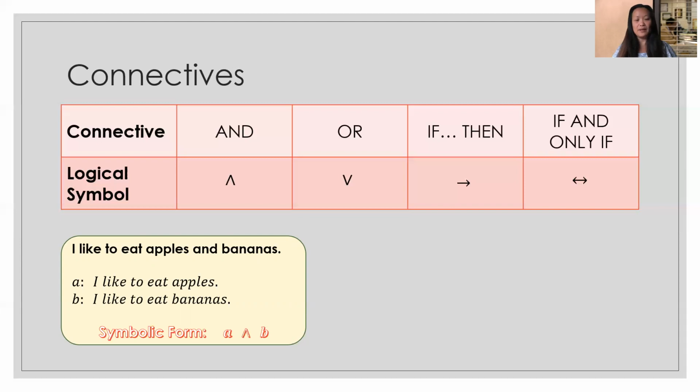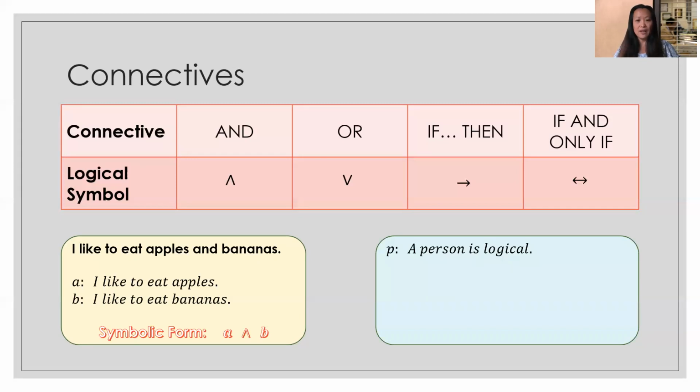A and B. Okay. In this example, let's say the simple statement P is, a person is logical. And the statement Q is, a person makes sound arguments. What would we say if we were asked to translate if P, then Q?